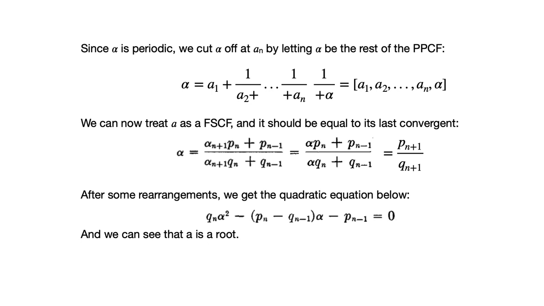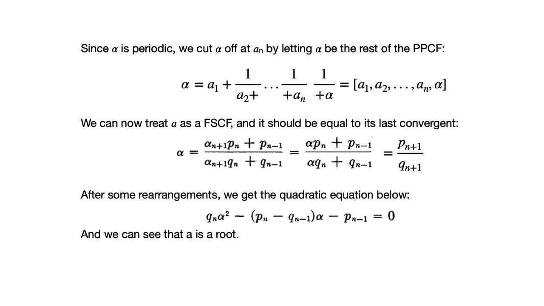And we can now treat it as a finite simple continued fraction, although it is not. But according to the equations, alpha should be equal to (alpha_{n+1} p_n + p_{n-1}) over (alpha_{n+1} q_n + q_{n-1}).